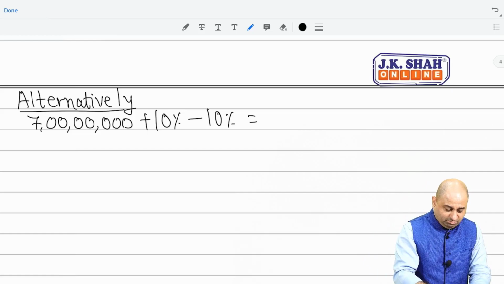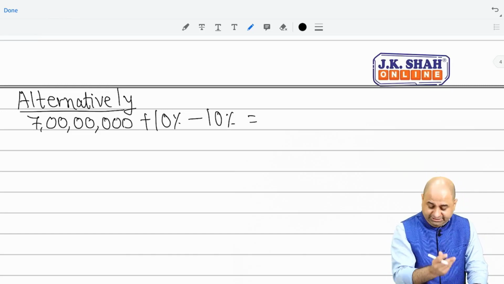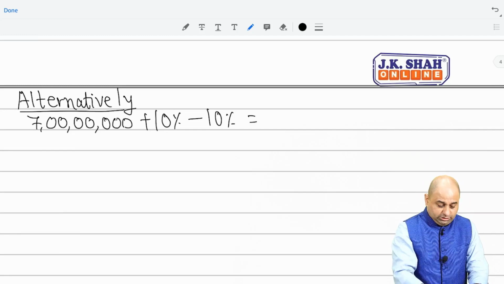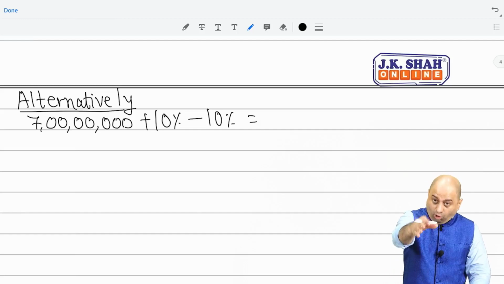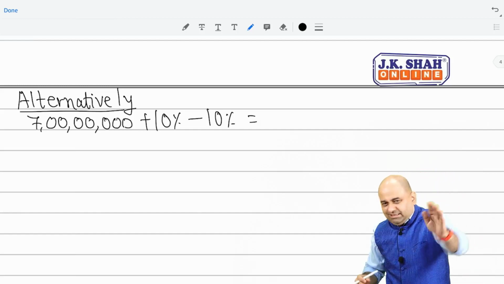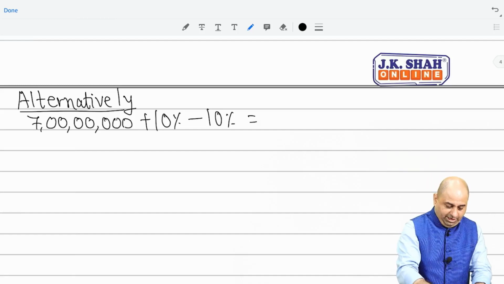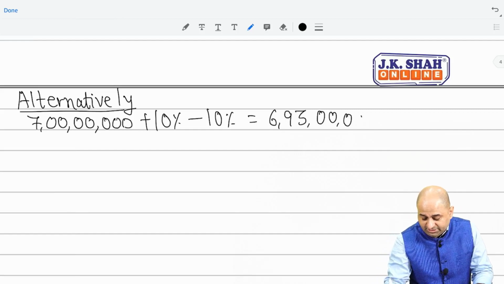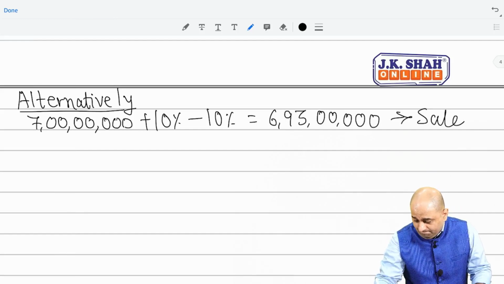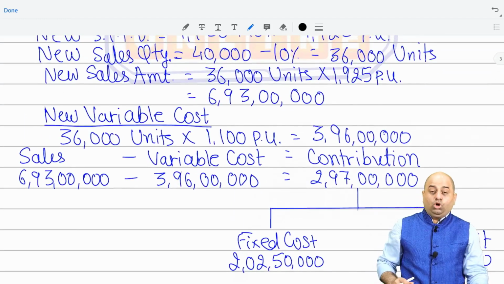Less 10% and you still do not get the same figure. So what you do is, take 7 crores on your calculator, add 10%, and then from the figure you get, subtract 10%, and you get 6 crore 93 lakhs. That is what you got here.